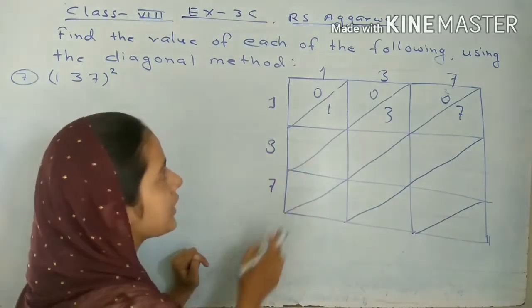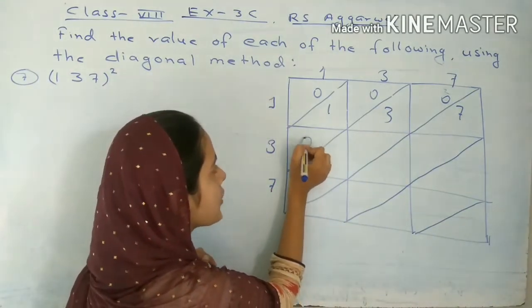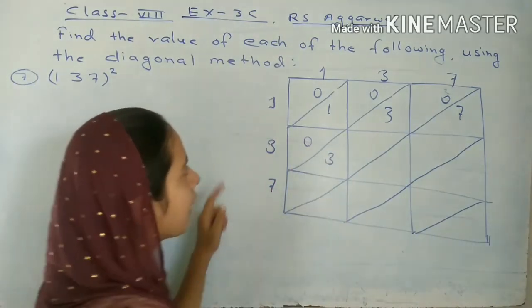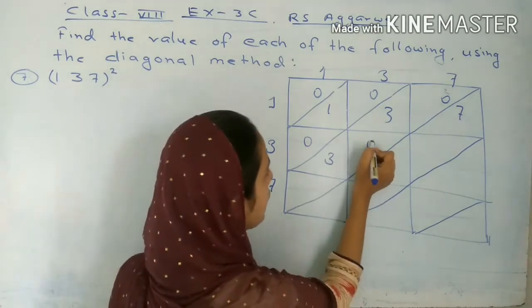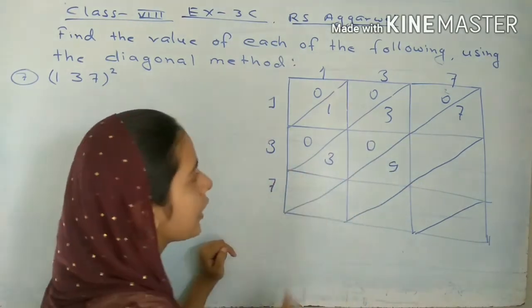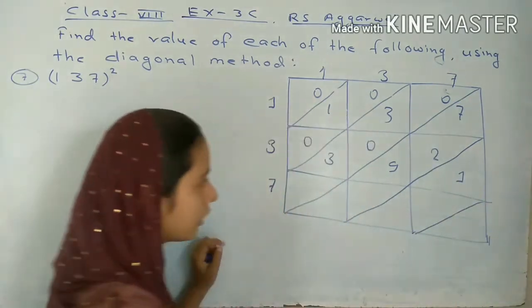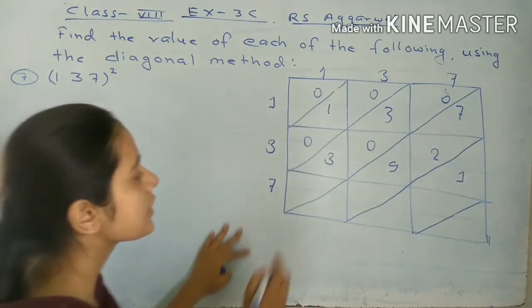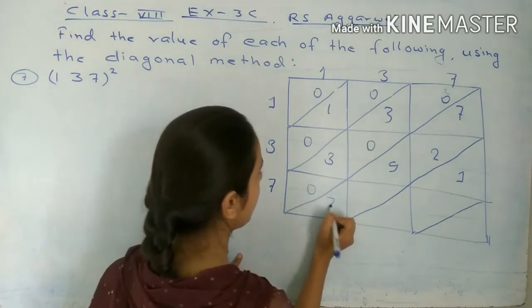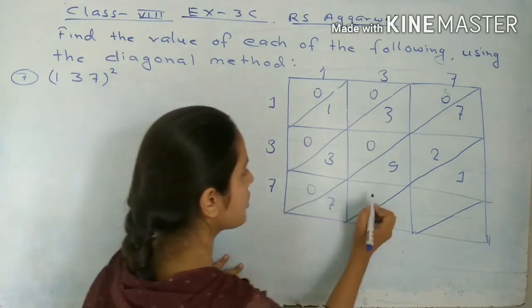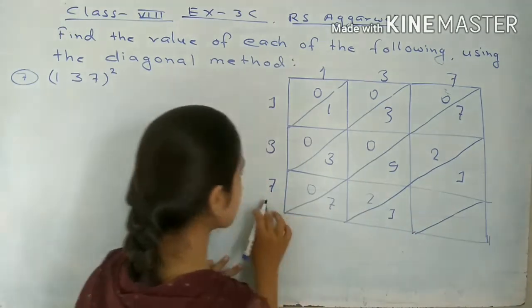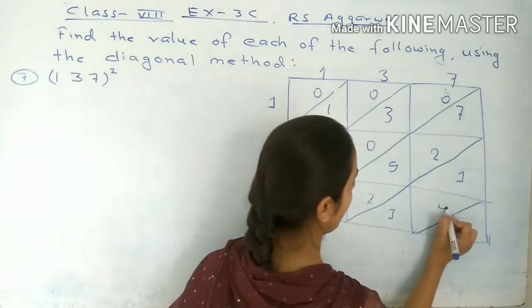And now 3 1 is a 3, so upper side 0 and this is 3. And 3 3 is a 9, so 0 and 9. And 3 7 is a 21, so 2 and there 1. And 7 1 is a 7, it means 0, 7. And 7 3 is a 21, so 2 and 1. And 7 7 is a 49, it means 4 and 9.